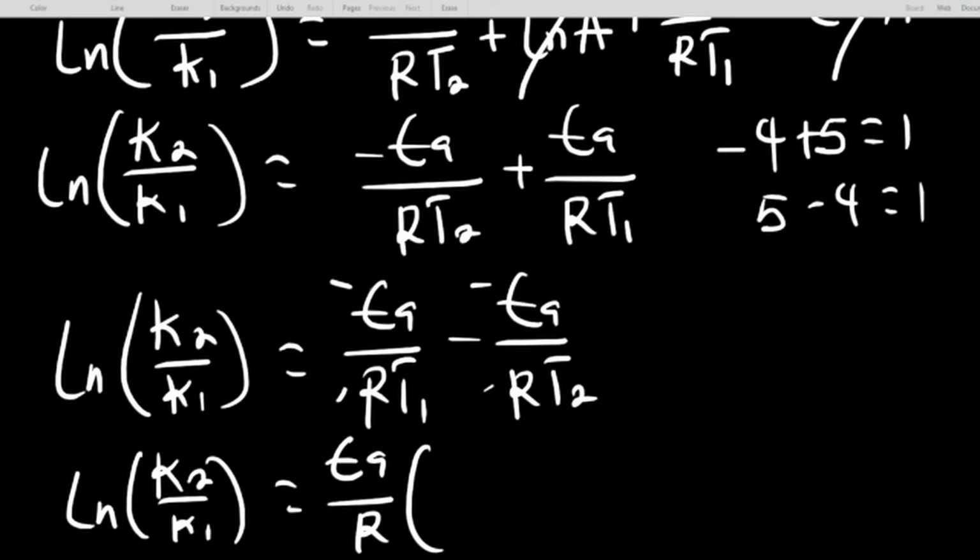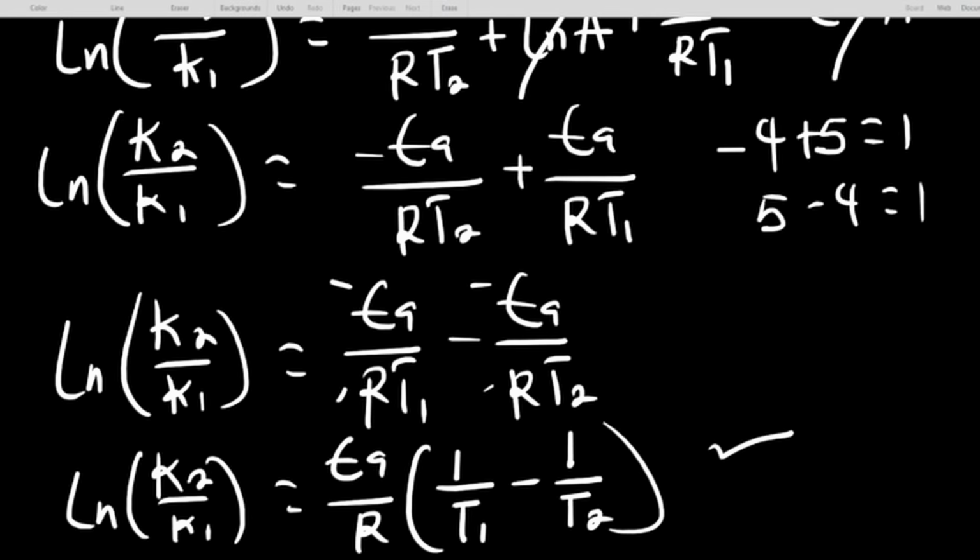So EA divided by EA gives us a 1. And if you remove R from RT1, we have T1 remaining. Then minus, if you remove EA again from here, we have a 1 remaining over, and again, if you remove R from here, we've got T2 remaining.